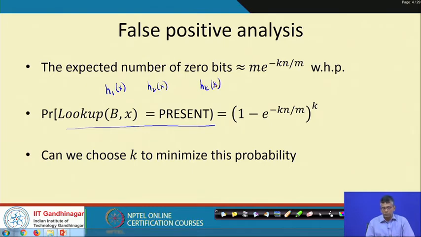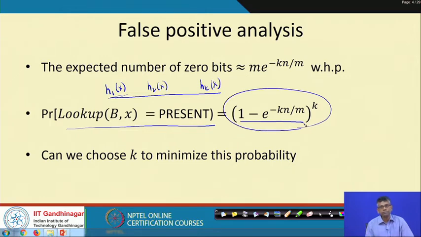The probability that any one of them is 1 is 1 minus e to the minus k n by m, because the probability that it was 0 was e to the power minus k n by m. Therefore, the probability that all these k bits are 1 is 1 minus e to the minus k n by m, to the power k.